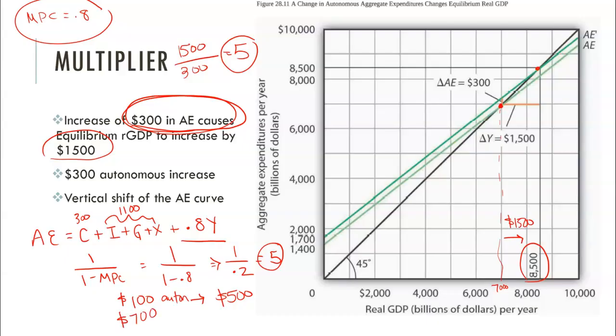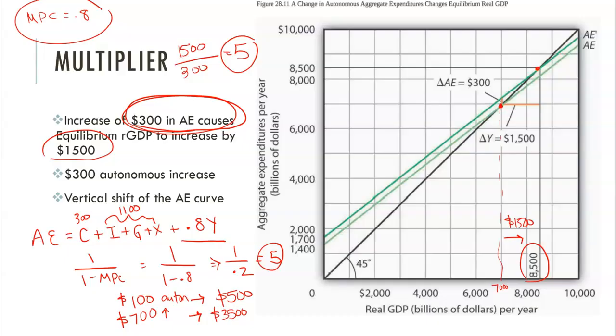If we have a $700 increase in autonomous spending, that's going to lead to a $3,500 increase in our new equilibrium real GDP. So as long as we know that MPC, we're going to be able to figure out that multiplier and the final change in real GDP.